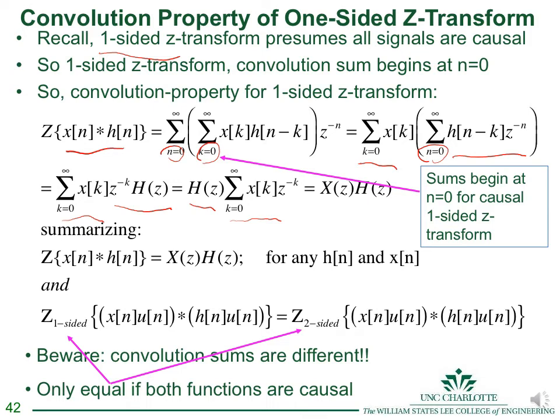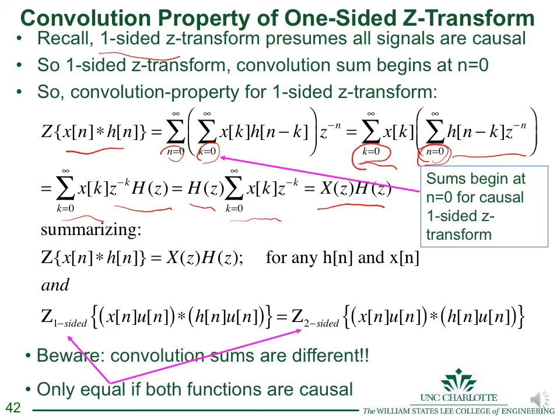And so we see that the one-sided Z transform has a bit simpler convolution than the shift property because we noticed that in both cases the summation started at 0, and so we didn't have the difficulty of a left shift.